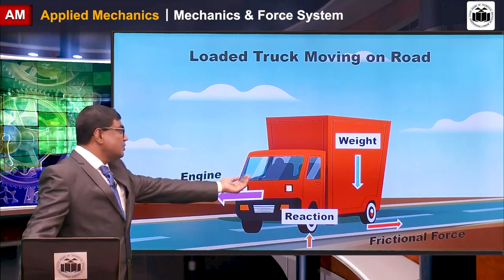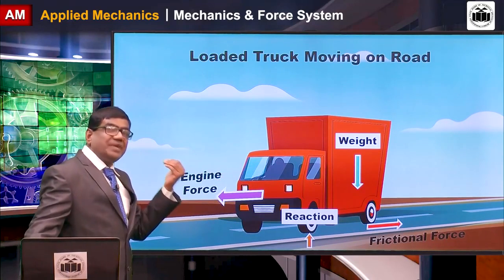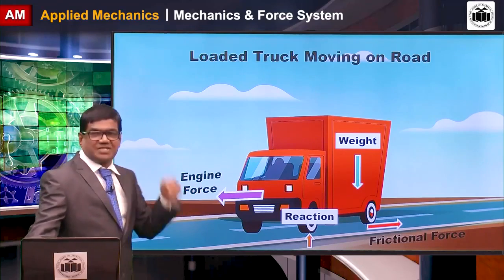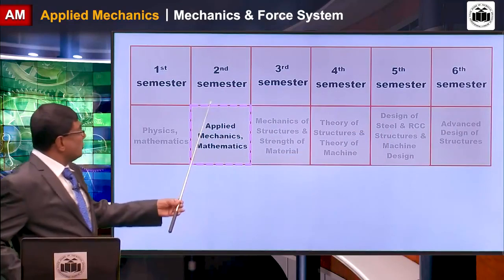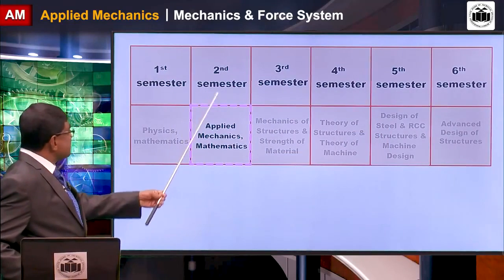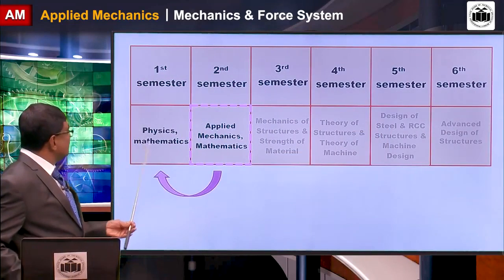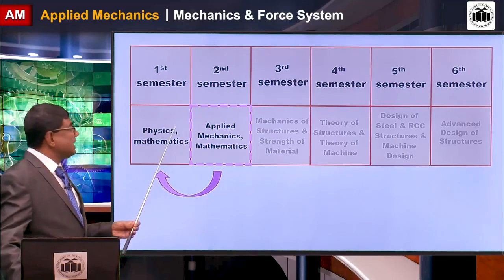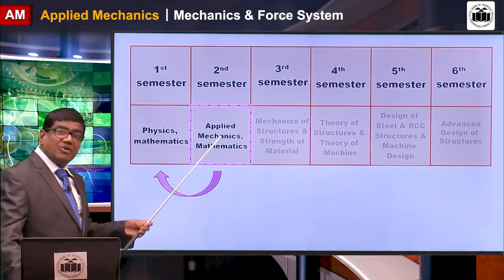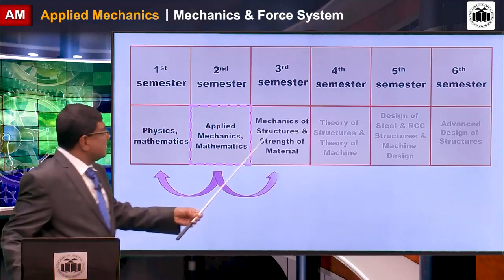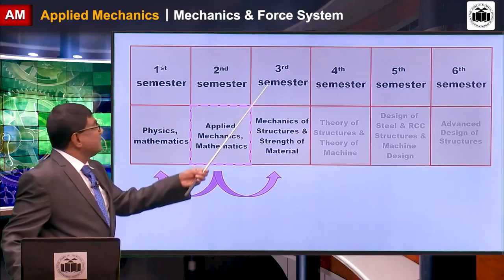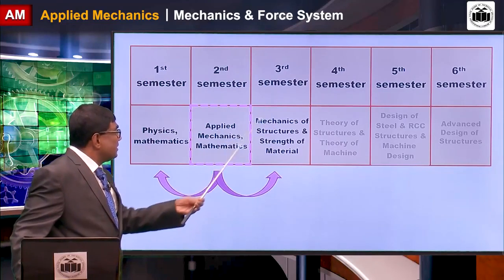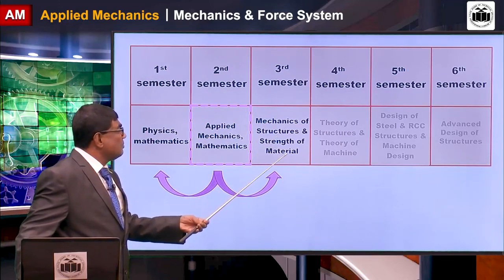Here the truck moves forward, meaning the effect of total forces is nothing but the movement of the truck in the forward direction. The subject we are going to learn, applied mechanics, is in the second semester. Before this, you have learned the subjects physics and mathematics in the first semester, that is the prerequisite knowledge required for applied mechanics. Now, when you learn this subject, in third semester you are going to use the matter in mechanics of structure and strength of material.